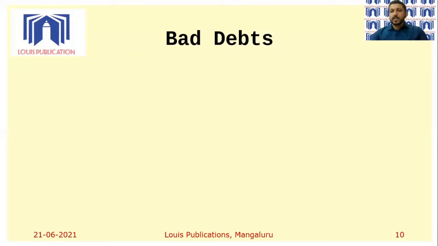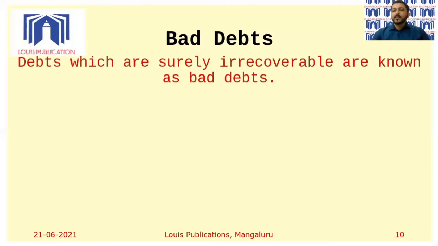We persevere with such customers. We try to get our money back, but in vain. So debts which become irrecoverable are called bad debts. Debts which are surely irrecoverable, the debtors have not paid. And usually, in business terminology, we say debts which are due for more than 6 months, we call such debts bad debts.